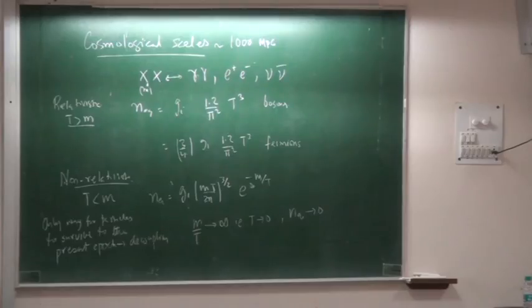So let me first write the metric of the expanding universe. This is ds squared = dt squared minus a squared(t) dx squared, or dx dot dx, where I put c equal to 1 again. This is what is called the FRW metric.